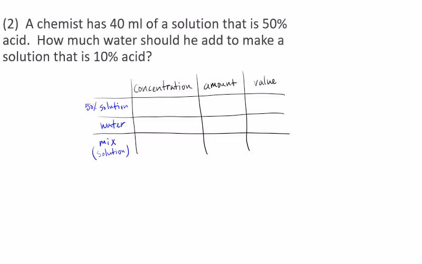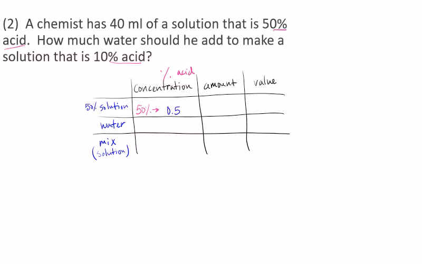All right, so now we have a concentration. Remember, in the last example, we saw that sometimes that's a rate. In this case, it's definitely a concentration in terms of percentage, and we're talking about percent acid. So our 50% solution is 50%, and I'm going to convert that to a decimal, so that's 0.5, or 0.50 if you want.